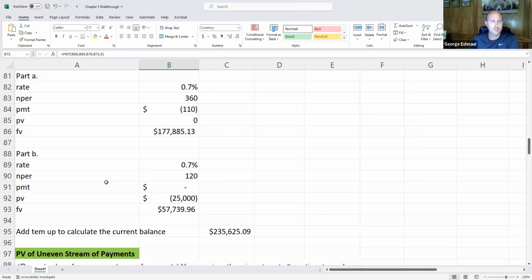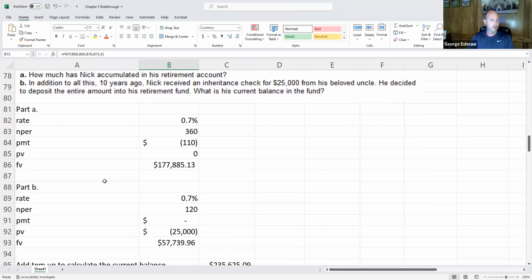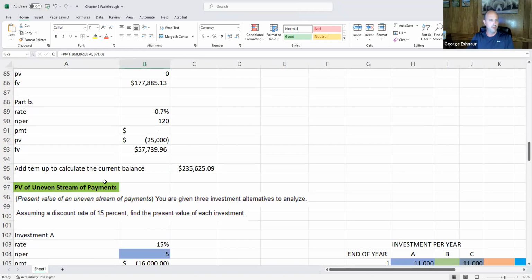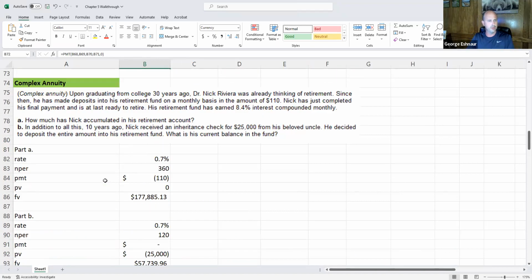All right, this one's going to be a little more robust, I believe. Okay, so we got a complex annuity. So upon graduating 30 years ago, Nick was already thinking of retirement, and since then he has made deposits into his retirement fund monthly of $110.